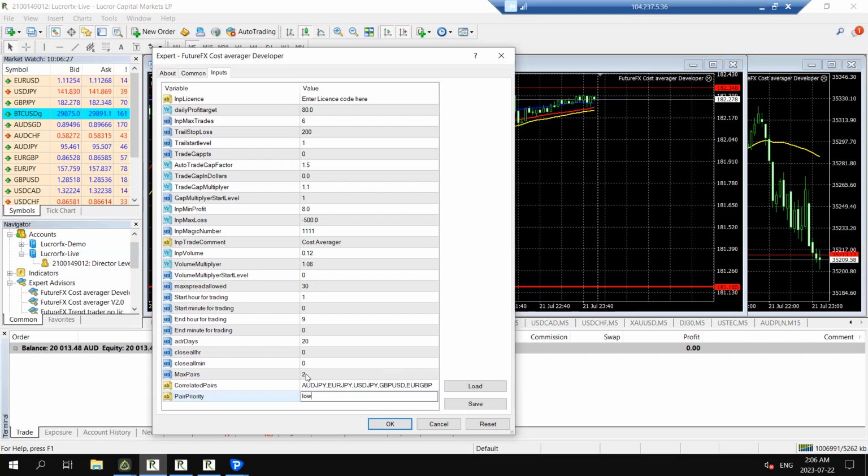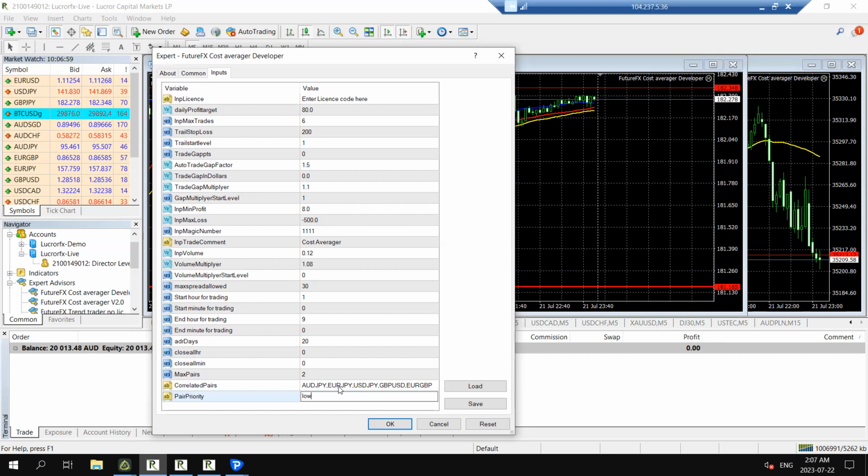Meaning that if you had one pair trading already, and these two pairs, just out of coincidence, had the same priority, were ready to trade, and that random feature in the coding ended up being similar, then they could both trade, meaning you would end up with three pairs trading and also two closely correlated pairs trading. So it's not going to happen often, but at the moment, I haven't perfected the code enough to stop that happening.